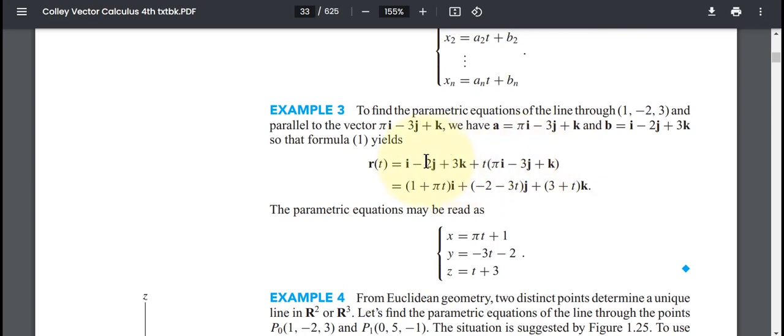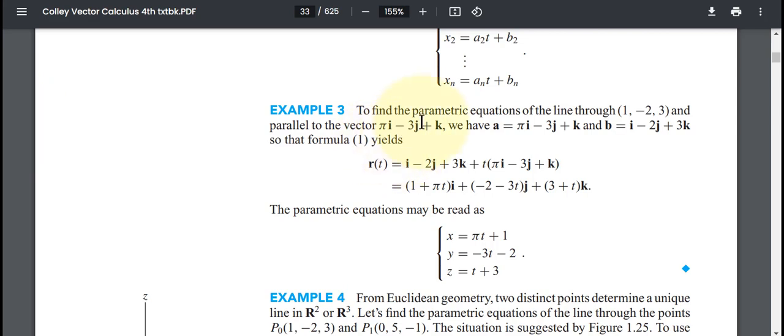Now we can collect what multiplies the i's, which is this part, what multiplies the j's, which is this part, and what multiplies the k's, which is this part, and that's the way they leave it for the vector parametric equation for this line that we're seeking the equation of.